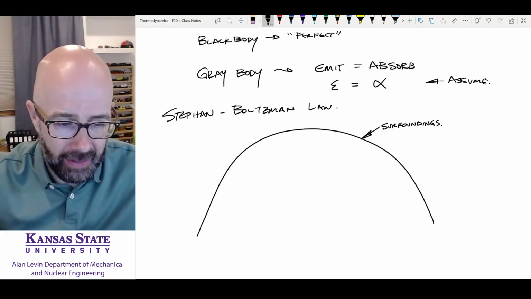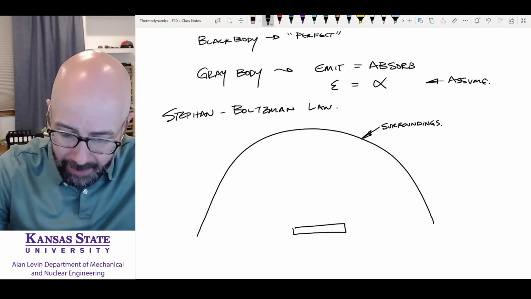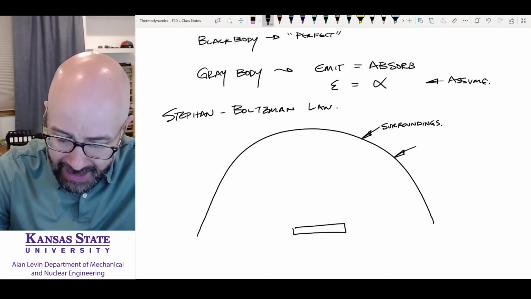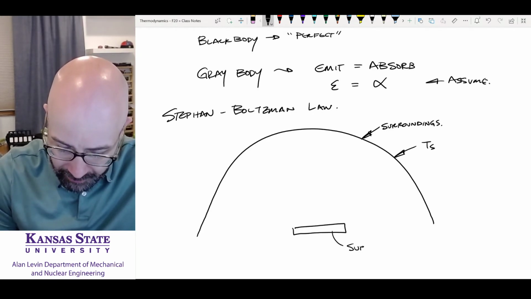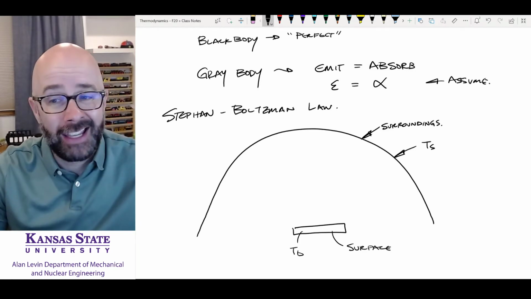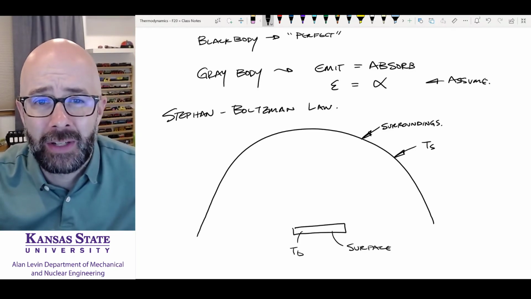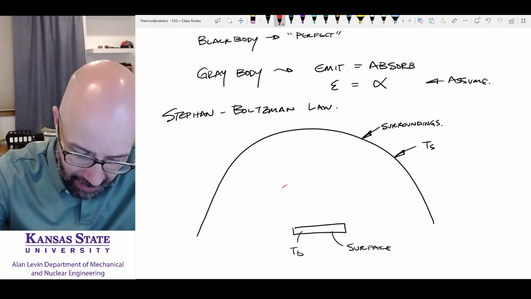And we have our surface here. I'm going to call the surroundings Ts, and then we're going to have a surface that I'm again going to call TB, so I don't have to call it surface and surrounding. And we're going to see that radiation can come in here and it can be absorbed.